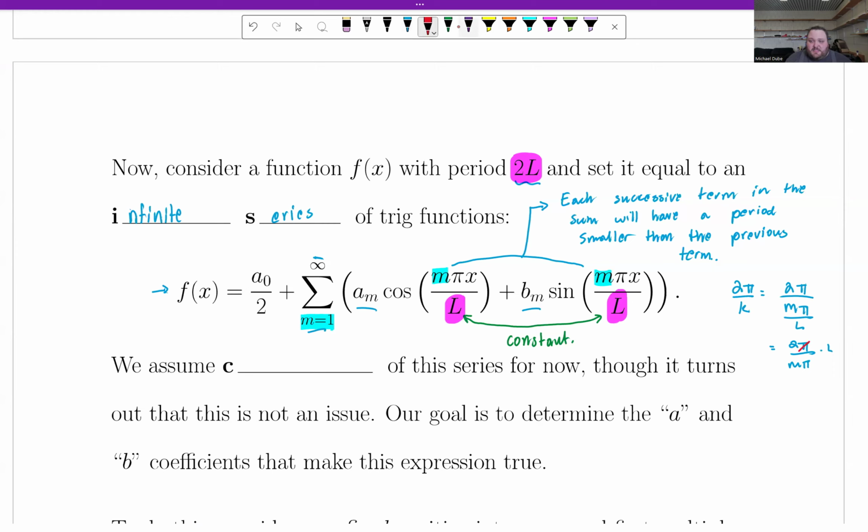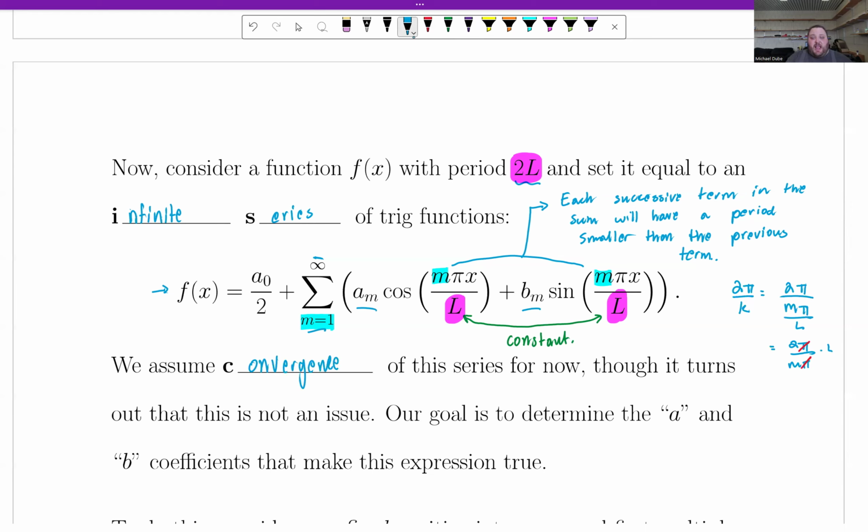And these pi's cancel out, right? So as m increases, the period of these terms decreases, right? Because m is getting larger, and our period of the mth term is going to be 2 over m times L, okay?